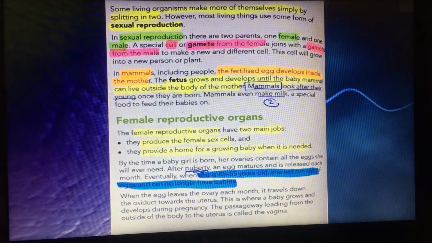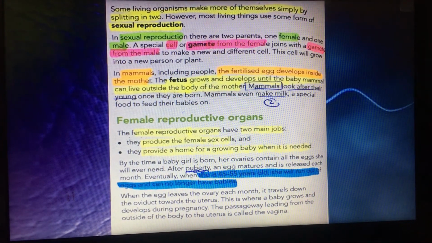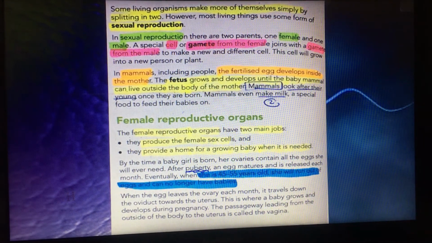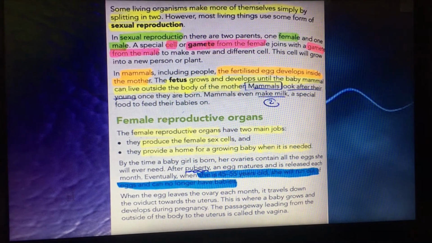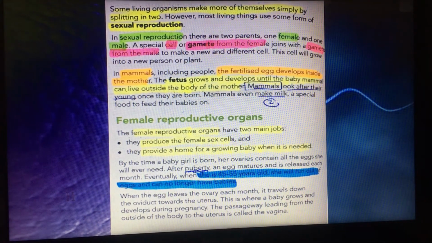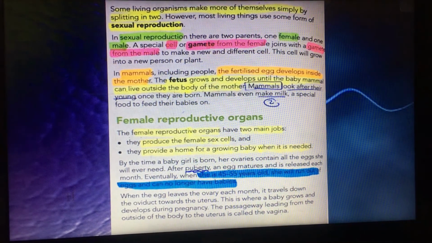The second type of reproduction is sexual reproduction. In sexual reproduction we have male and female, okay? And a special cell, or gamete, from the female joins with a gamete from the male to make a new cell. And you have to know that in mammals, the fertilized egg develops inside the mother.